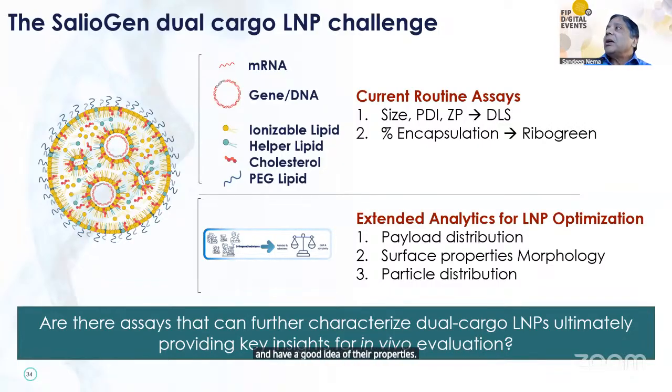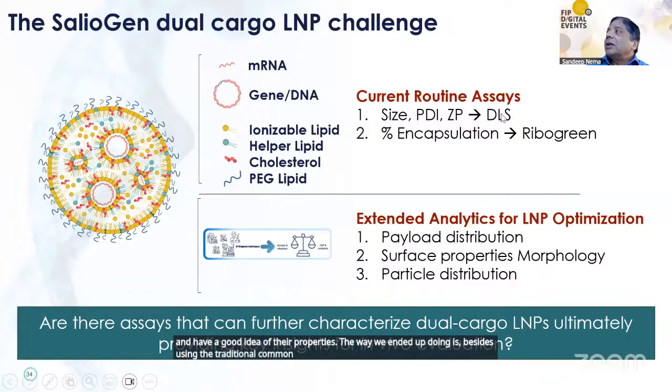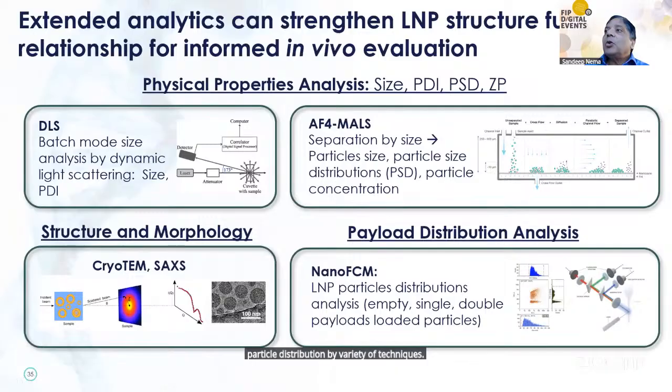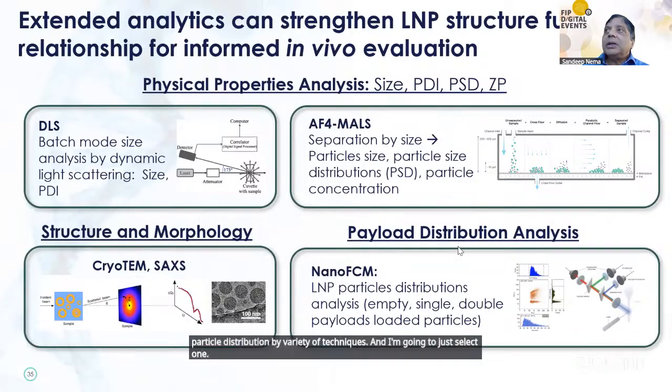Besides using the traditional common technique of dynamic light scattering and measuring the size, the polydispersity index, the zeta potential, and the encapsulation efficiency using RiboGreen, we also looked at the payload distribution, the surface properties and morphology of the particle distribution by a variety of techniques. And I'm going to just select one because we have limited time.